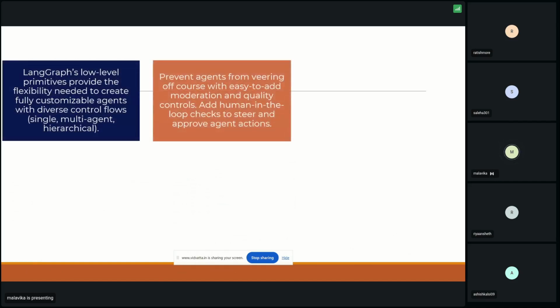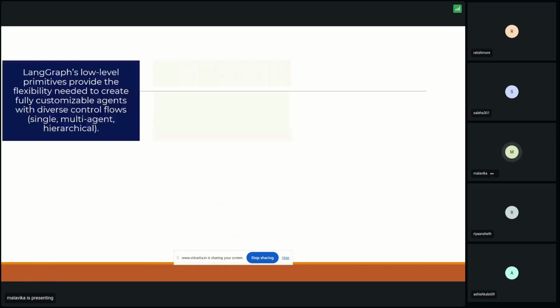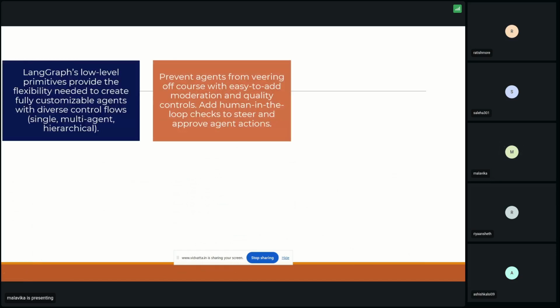Basically, LangGraph's low-level primitives provide the flexibility, what I said just now, to create fully customizable agents with very easy control flows. Like what we discussed here, we can have a single, we can have conditional, we can have hierarchical, any kind of workflow can be created, and we can prevent the agents from veering.